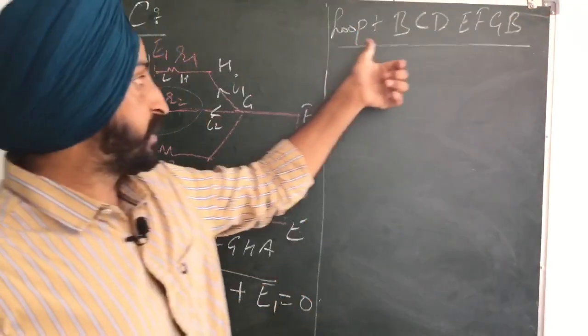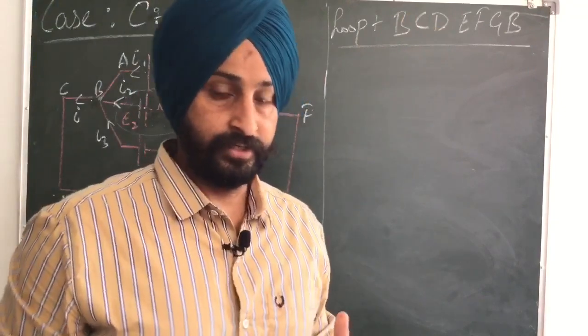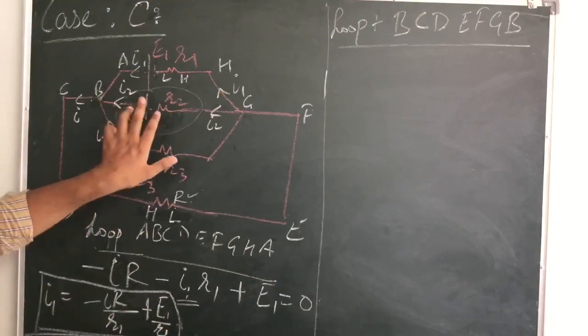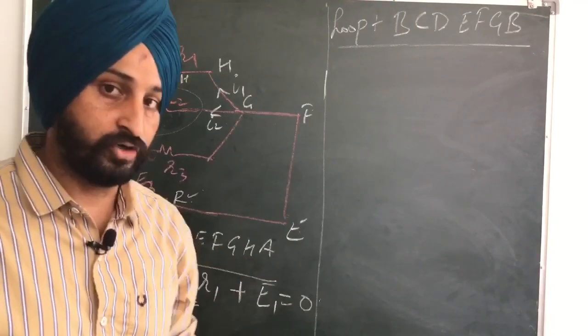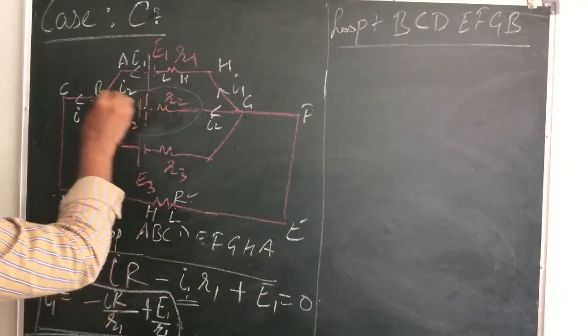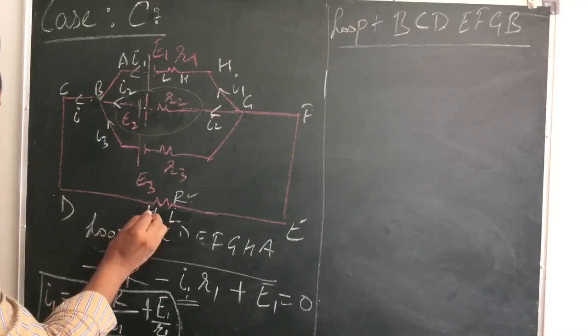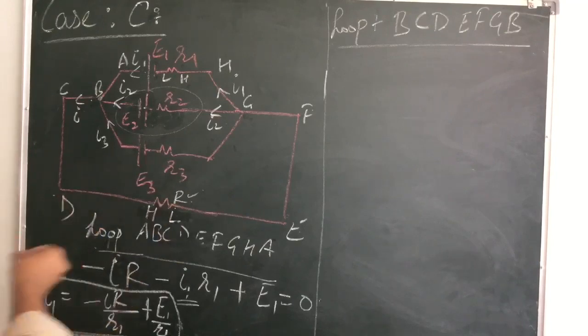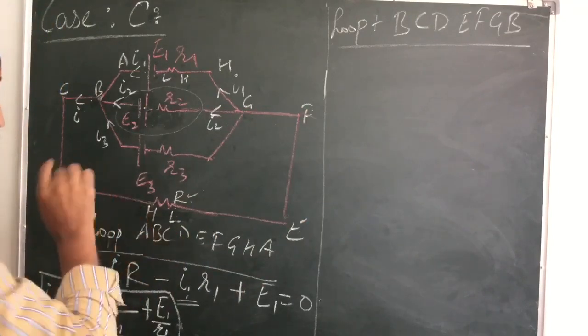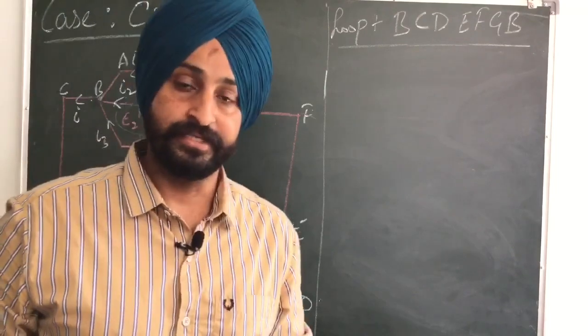So to start with this loop, one thing that you must keep in your mind is that now we are taking this circuit in which the cell is connected in opposite order. Now you may say that here the negative terminal is connected over here, so here the potential should be low and here it should be high, because positive is connected over here. But no, it is not the case.